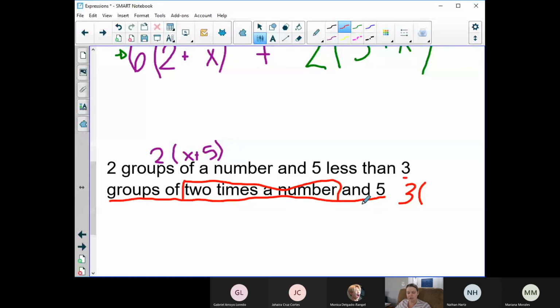How would you write that? 2 times a number. How would you write 2 times a number?